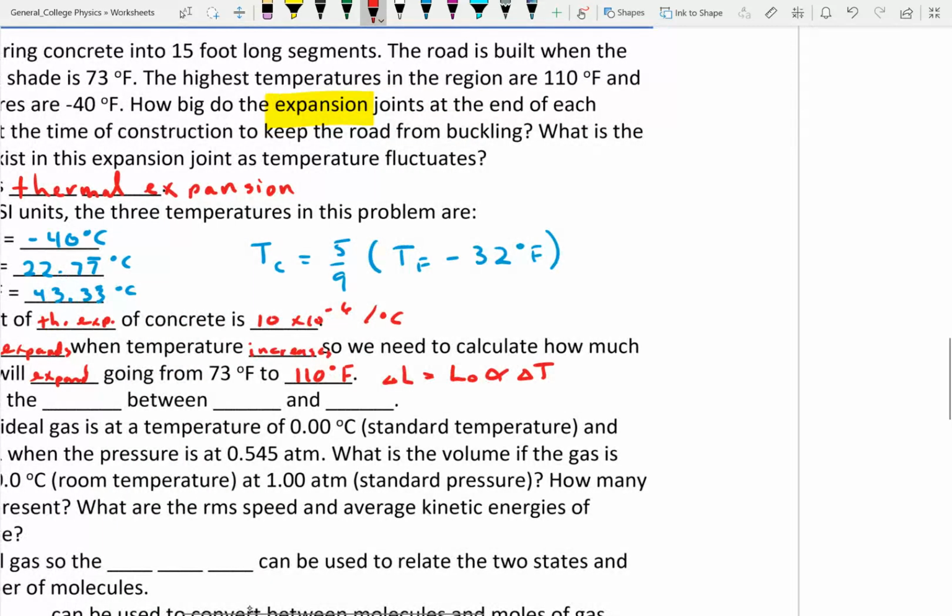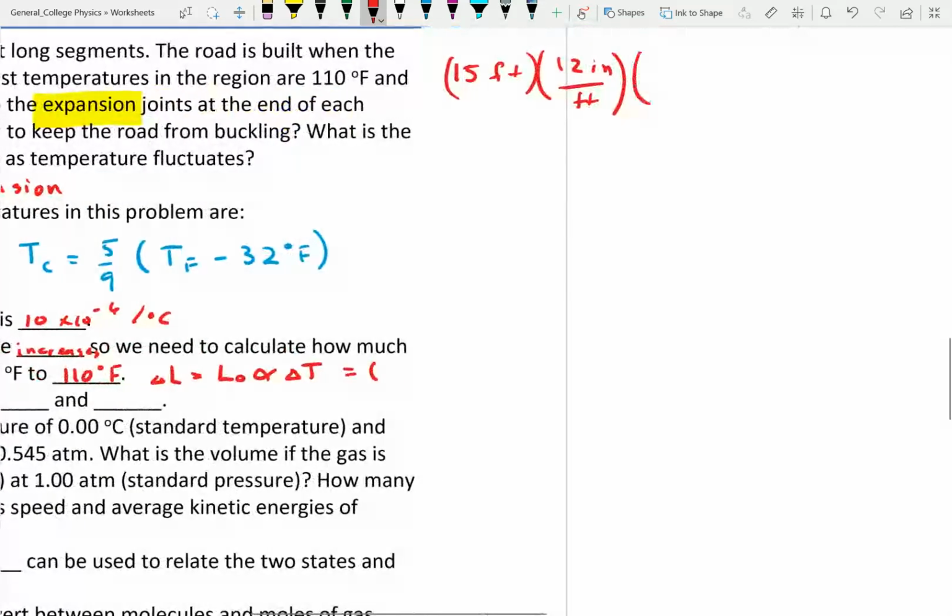So in our case, that's equal to my original length. Well, the original length was in feet. Feet's not a standard metric unit. I don't like to work in non-metric units, so I did a conversion. I don't have the conversion memorized, but I do have this memorized: 15 feet times 12 inches per foot, and 2.54 centimeters per inch.